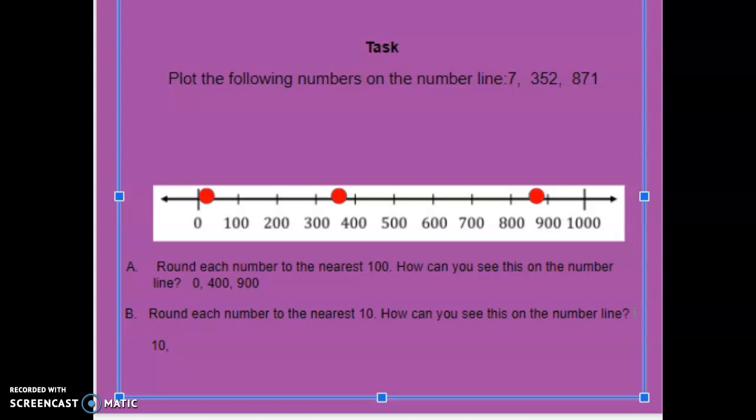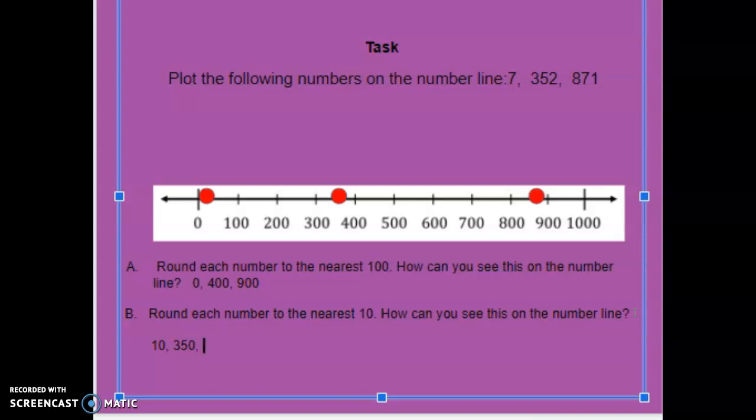We know that 352 is between 350 and 360. So what would it round to? If I'm looking at the tens place value, is it going to round to 350 or is it going to round to 360? And I hope you said 350, because 352 is less than 355, which is going to let it round down to 350.